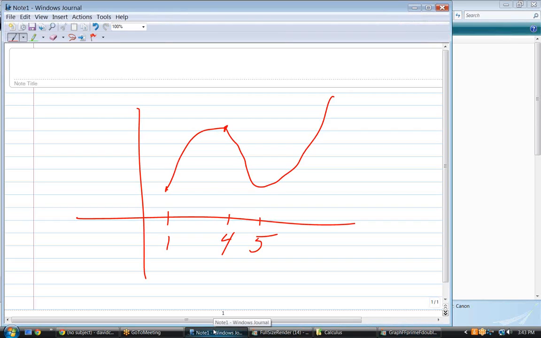In other words, when I talk about the slope of the tangent line, if I look right there, the slope of the tangent line is like that. It's not 0. If I look at the tangent line right there, it's not 0. But when I get to that top point, it is 0, flat as a pancake.